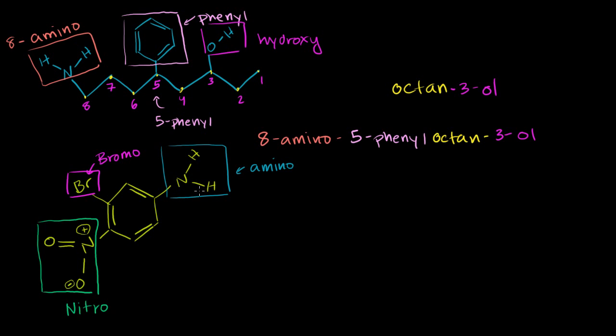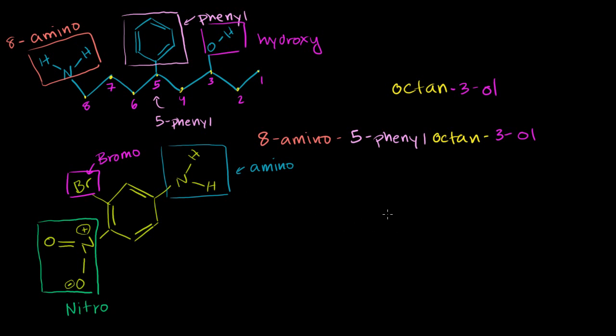So you might be tempted to name this 1-amino, 2-bromo, 4-nitro benzene. But when a benzene ring is attached to an amino group, this one also has one of those special names. Let me just do it on the side right here.